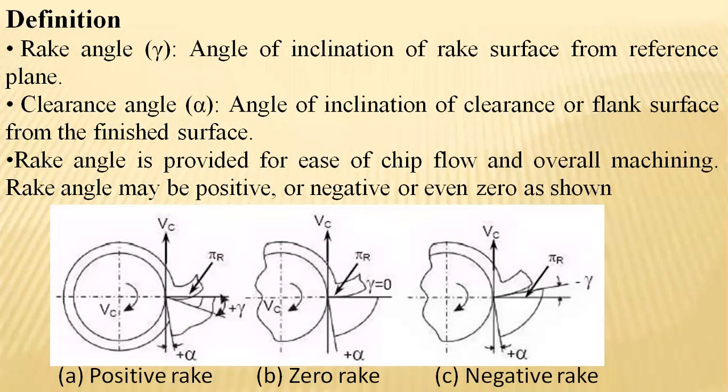So positive x-axis, negative x-axis, simultaneously the positive y and negative y, simultaneously the positive z and negative z. In the case of the cylindrical objects, clockwise direction specifies the positive, counterclockwise direction of rotation specifies the negative. So hence the rake angle will be clearly specified with respect to the positive and negative.